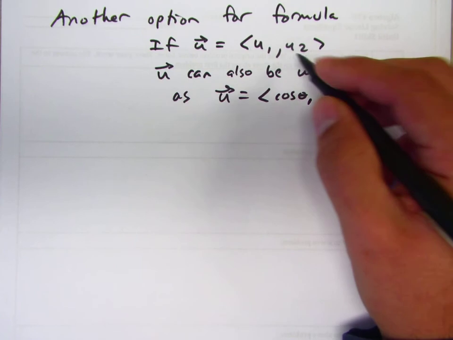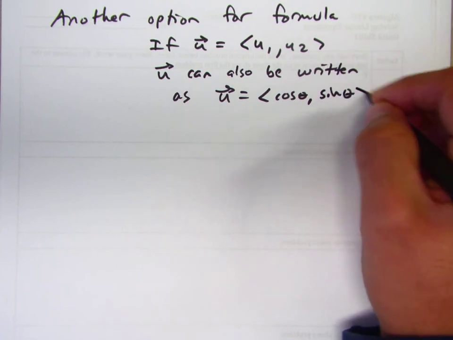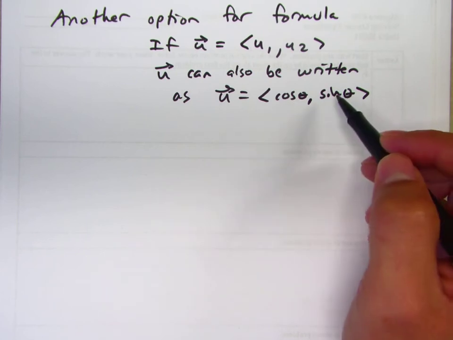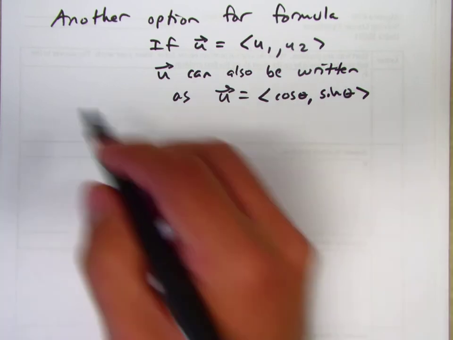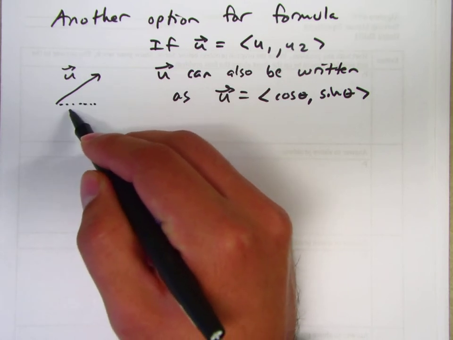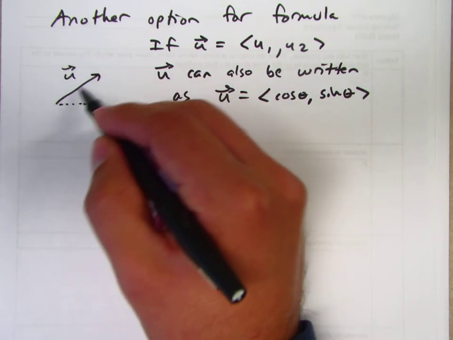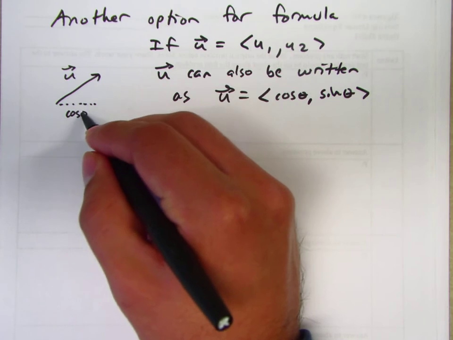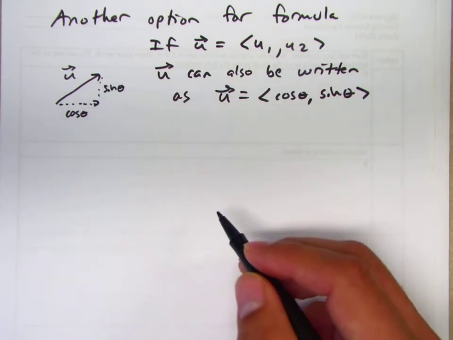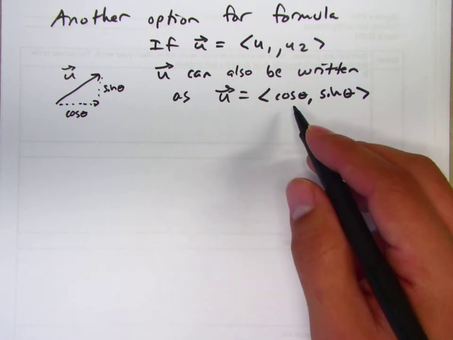If it's a unit vector, then the x and y components are simply going to be the cosine and the sine of the angle. Remember that the magnitude for the unit vector is 1, so this has to be cosine theta here, and this has to be sine theta for the vertical component. And so you could also write the unit vector this way.